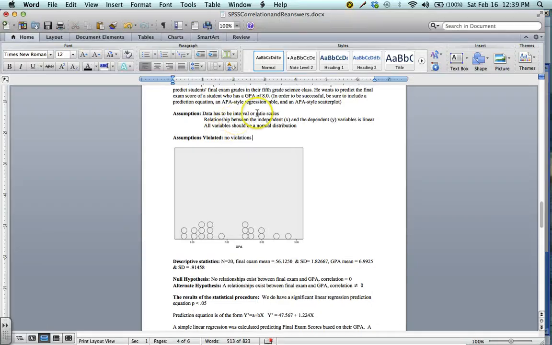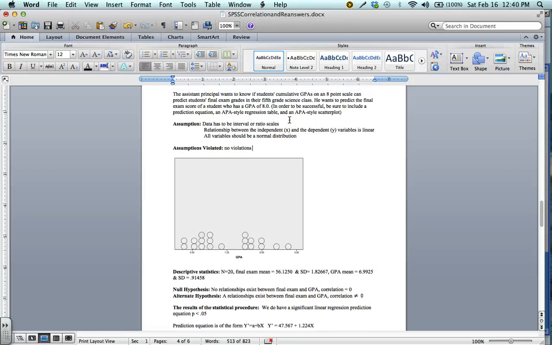All right, so the data is on an interval scale. We know that the relationship between the independent variable x, which in this case is our GPA, and the dependent variable is linear. We're trying to see if we can use the GPA to predict a student's final exam score. And remember, the GPA here is on the 8-point scale. So based on your GPA, which is our independent variable, we can predict the dependent variable, which is y.